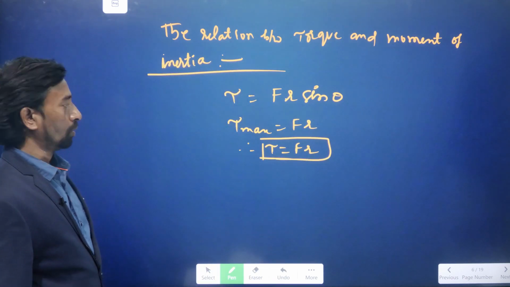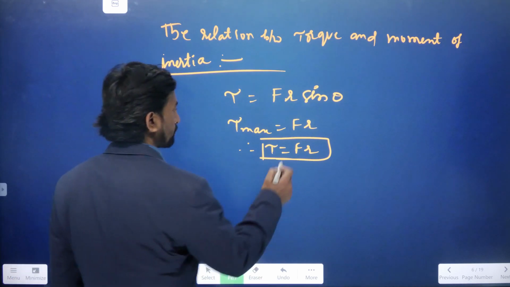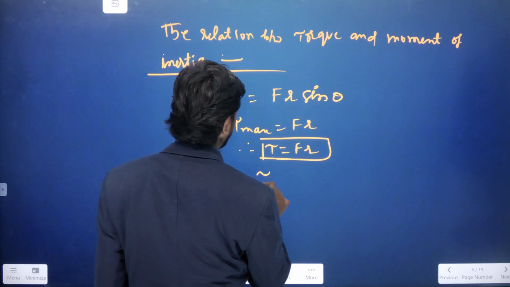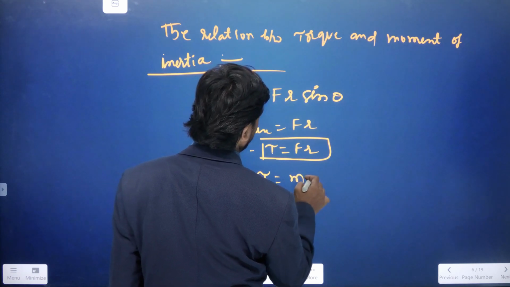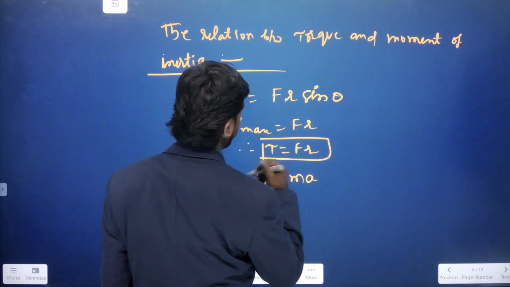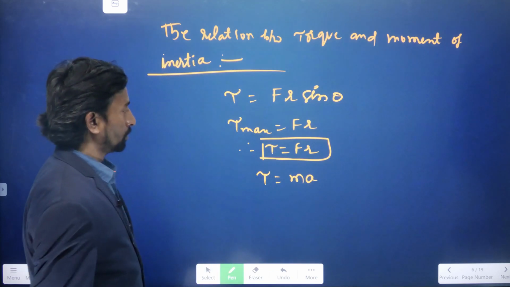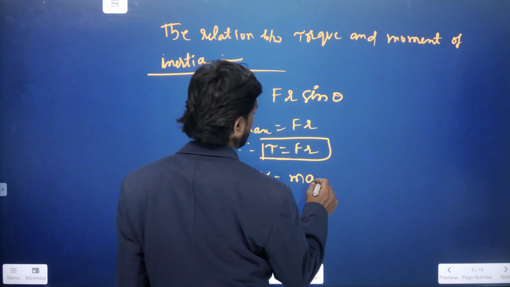Now what can we write here? Tau is equal to F, and F is nothing but m into acceleration, into r.